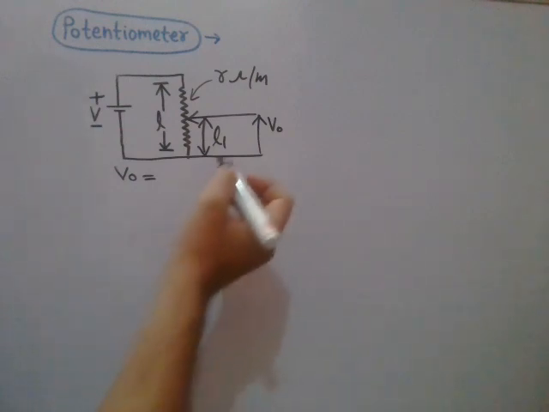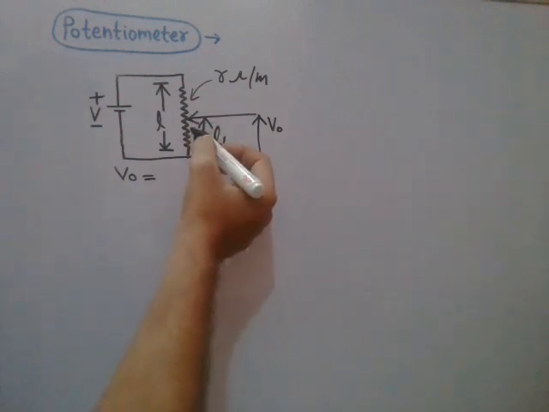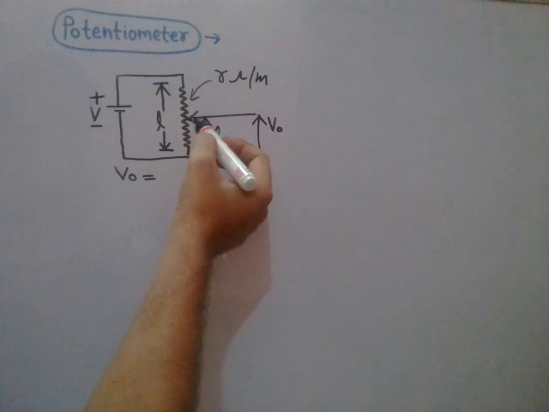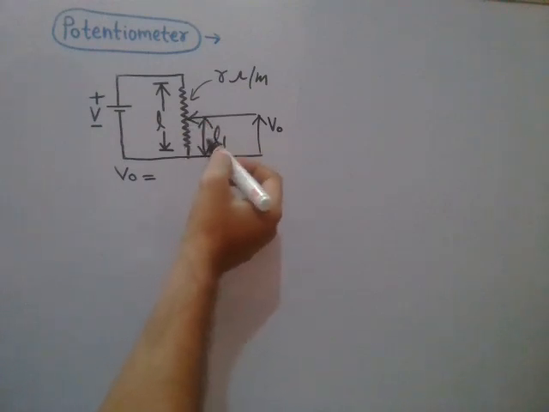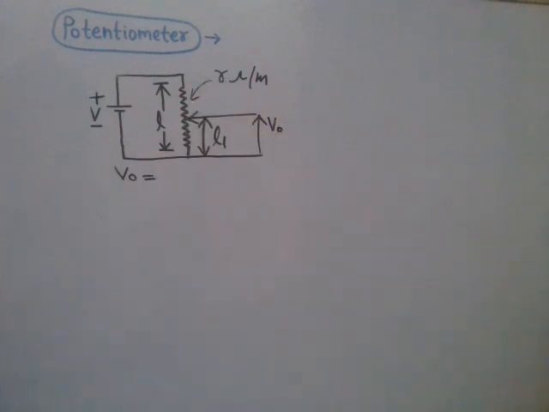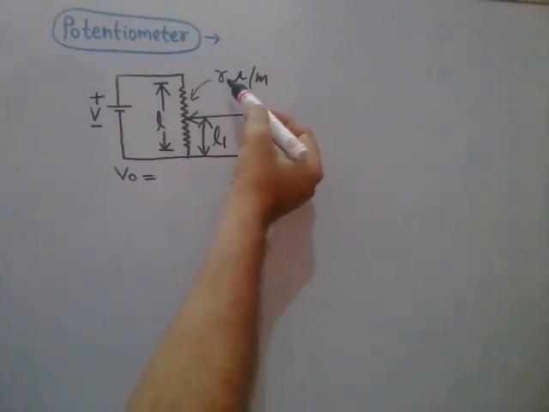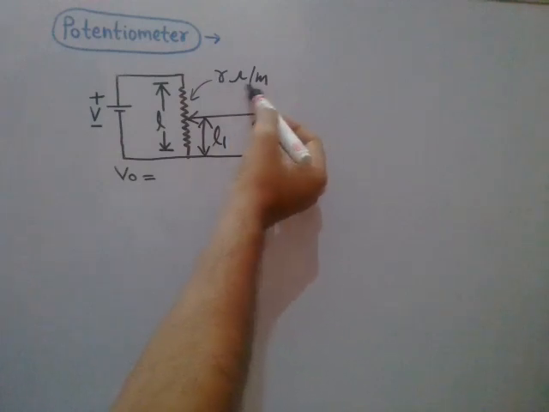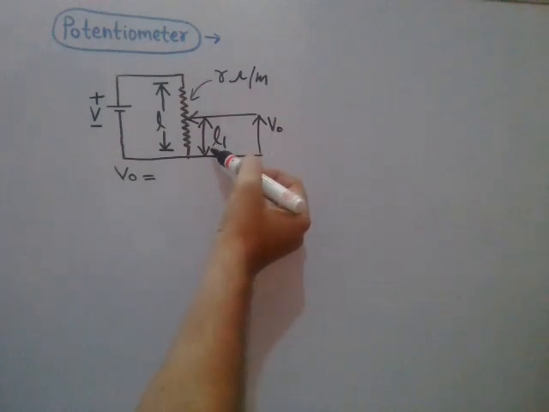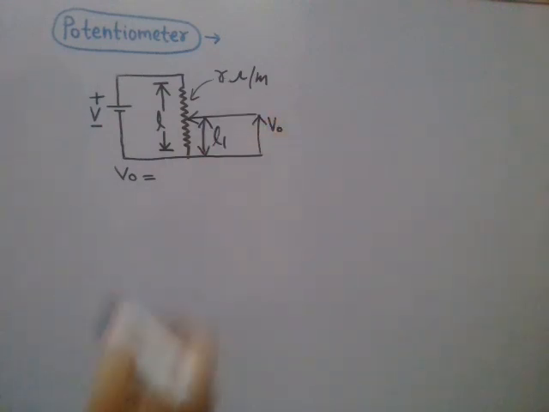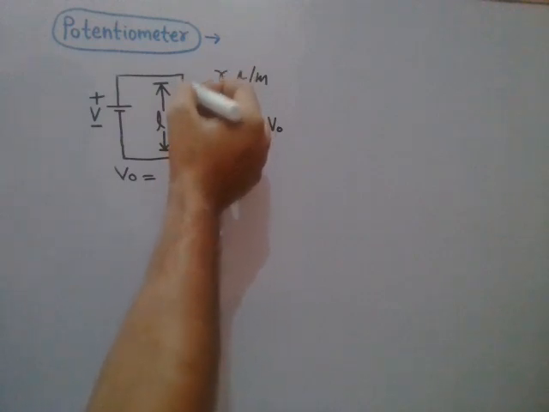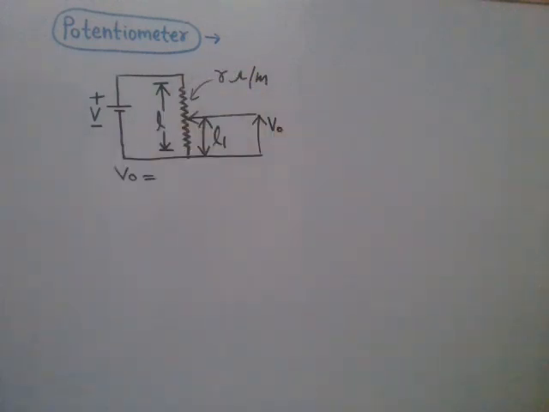Now the output voltage V0 can be written as follows. The ohmic resistance up to this length L1 will be L1 into r, because the resistance of this wire per unit length is small r. And the total resistance of this wire will be L into r.